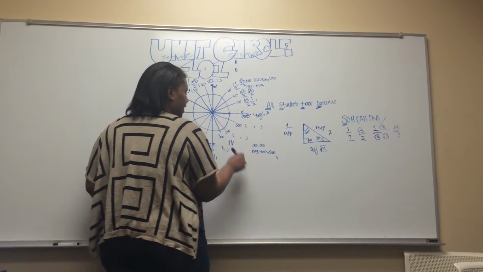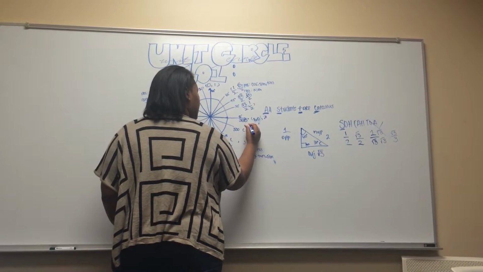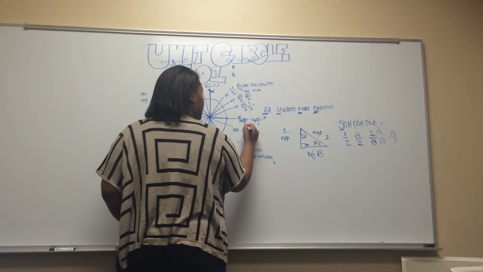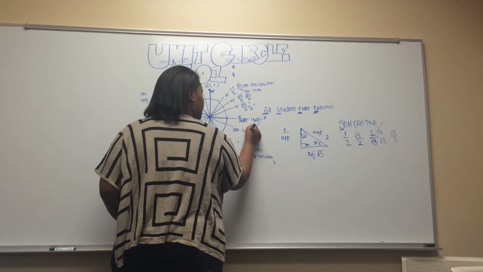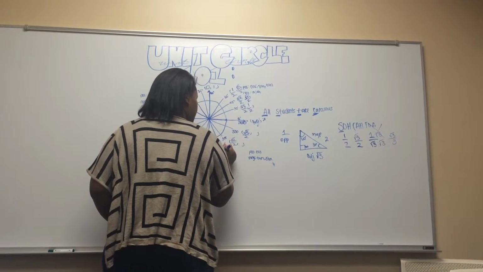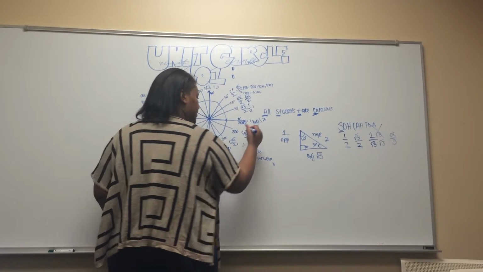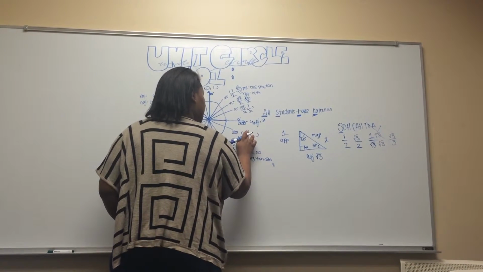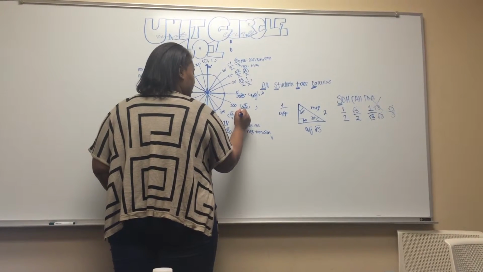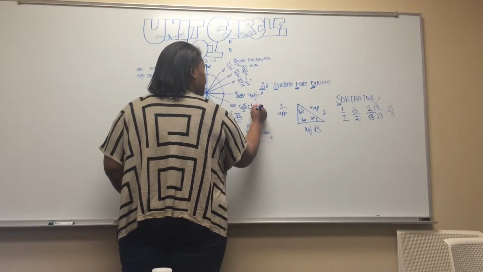Then for your last quadrant, which is the fourth quadrant, the only thing that's positive is your cosine. So cosine will be square root 3 over 2, square root 2 over 2, 1 over 2, and now your sine is what's negative. So, excuse me, this is negative 3 over 2, negative 2 over 2, and negative 1 over 2.